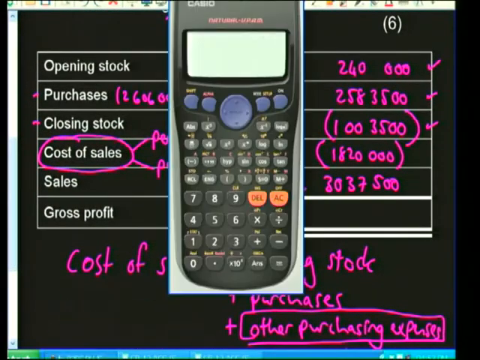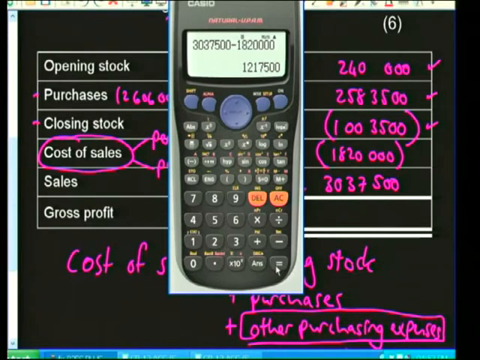Let's bring the calculator onto the screen. What we're going to do is we're going to take our sales price, which is 3,037,500. From that we're going to subtract our cost of sales price, which we've just worked out, 1,820,000, and that gives us our final gross profit of 1,217,500.